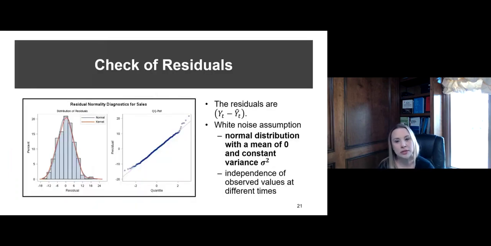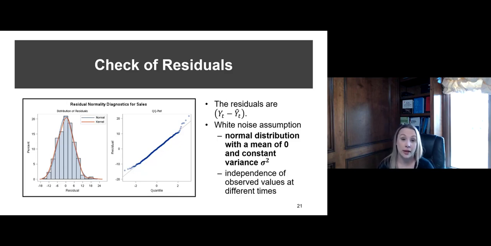Another thing we want to do, similar to regression, is evaluate the residuals. Here, we want to assume that the residuals are white noise and that there's not a pattern. This is not different from looking at regression, because in fact this is regression, and we assume that the errors are centered at a mean of 0, with constant variance, normally distributed, and independent.